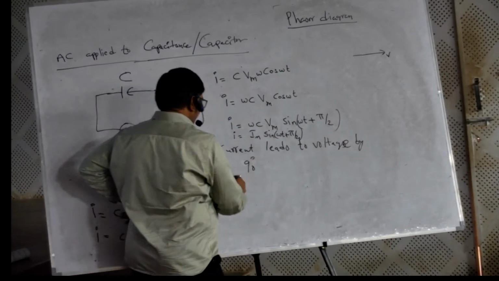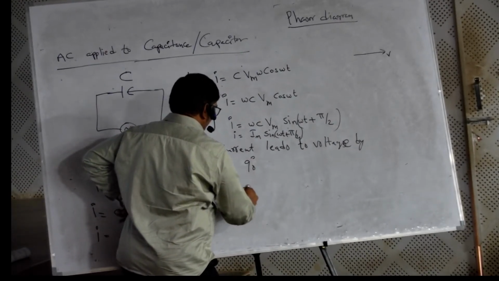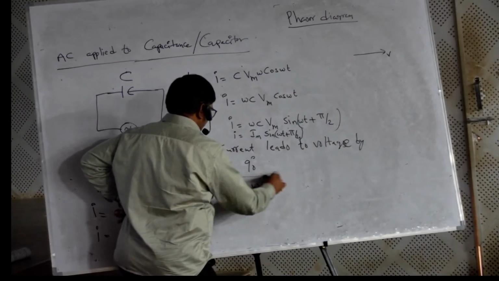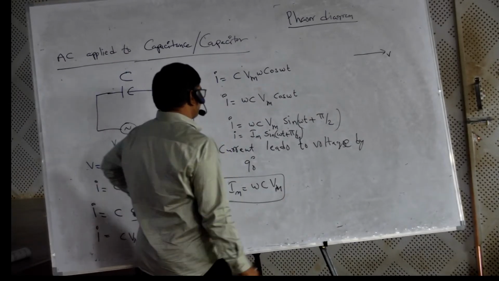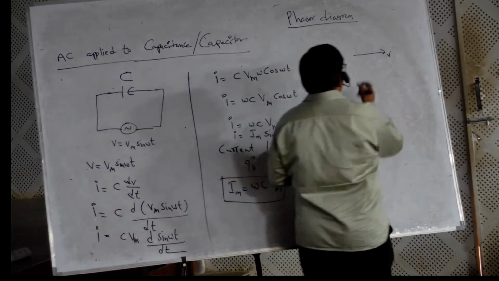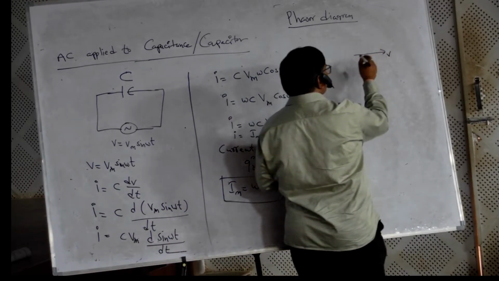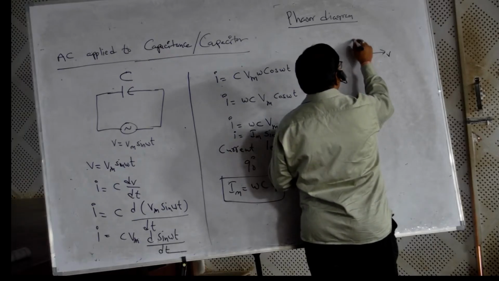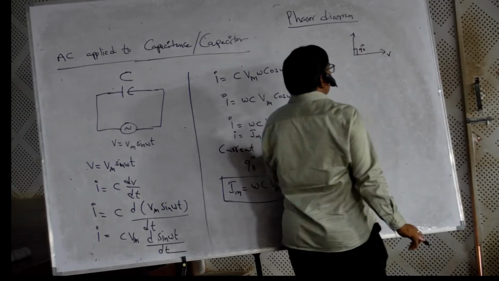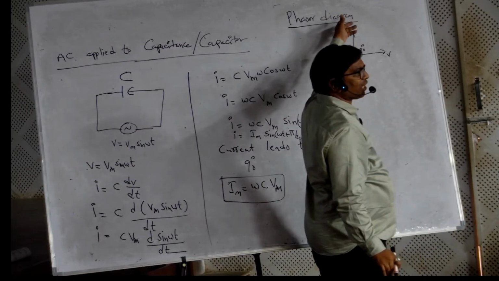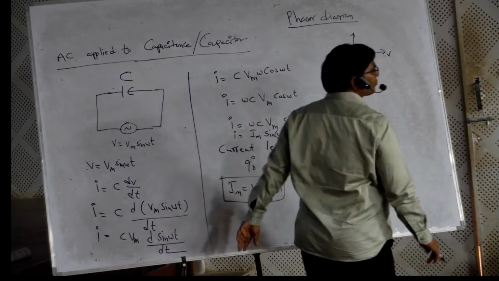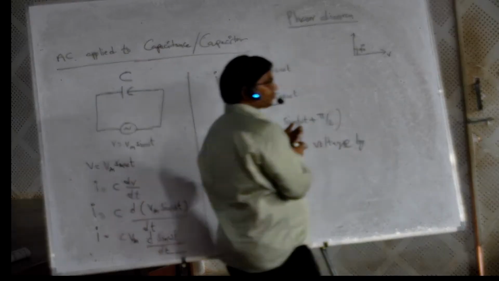What is Im from this? Im is equal to omega C Vm. Current leads by 90 degrees. Leading means positive value, lags means negative value. This is the phasor diagram.